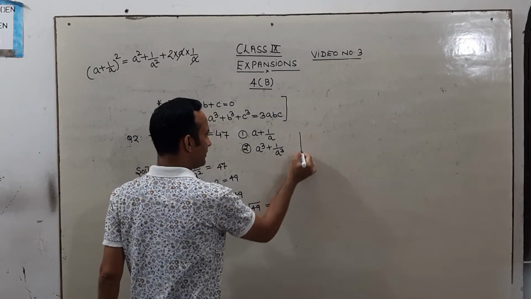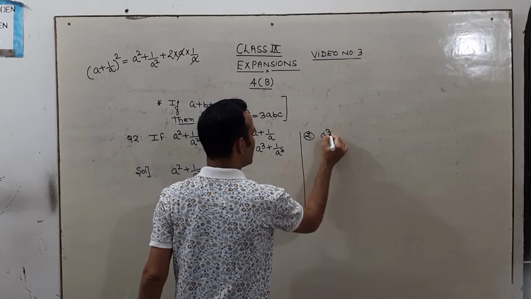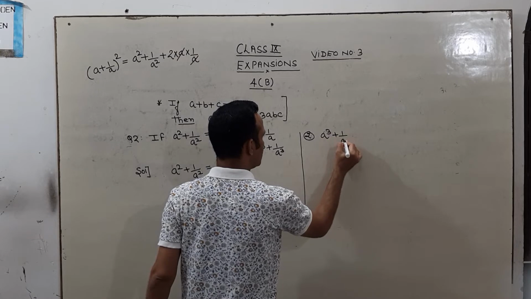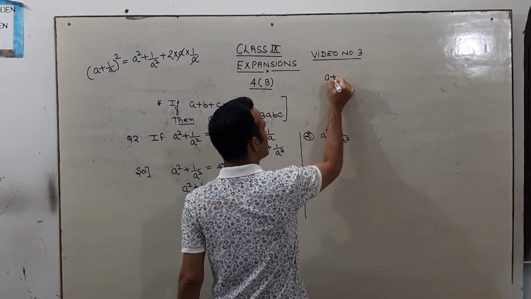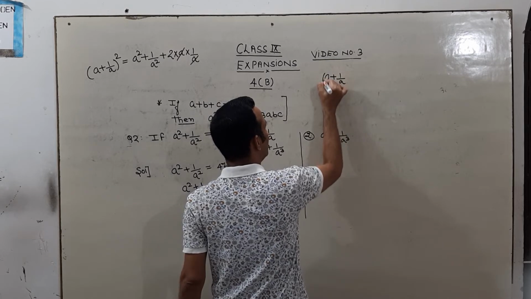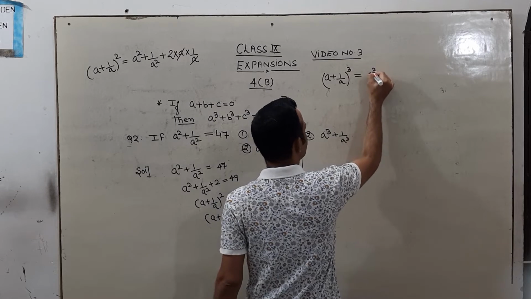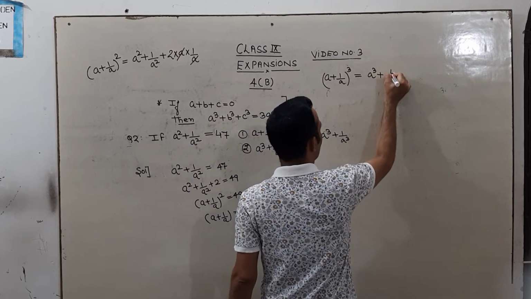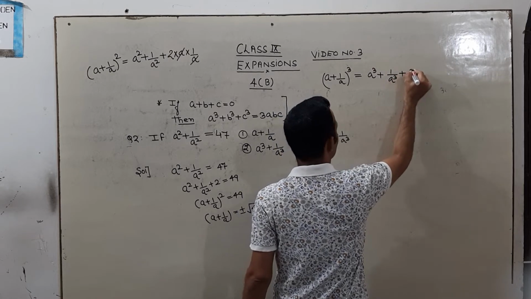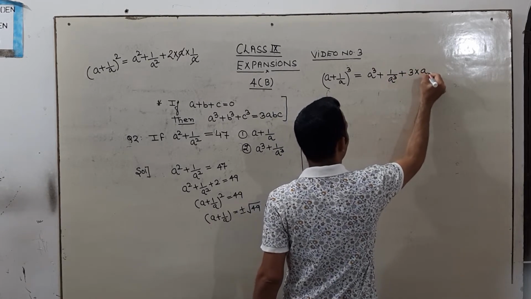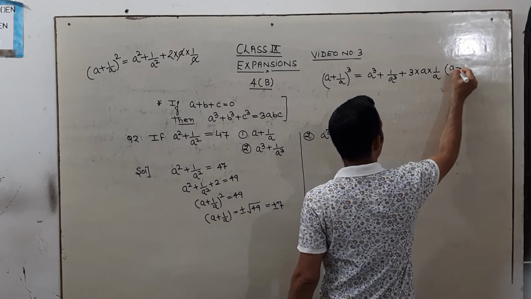In the next part, we have to find a cube plus 1 upon a cube. See, (a plus 1 upon a) whole cube can be written as a cube plus 1 upon a cube plus 3ab into (a plus b).